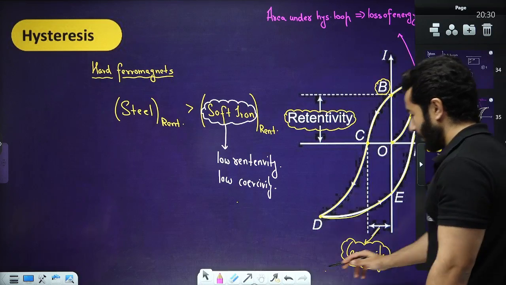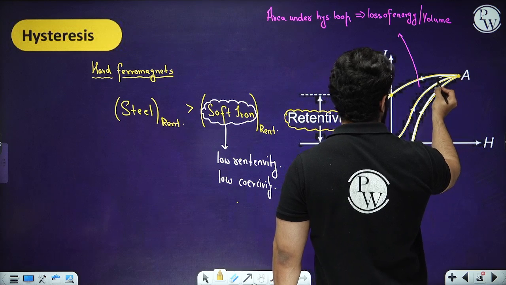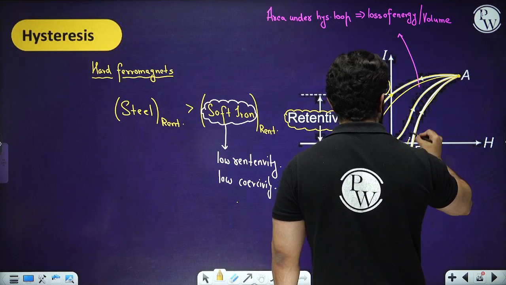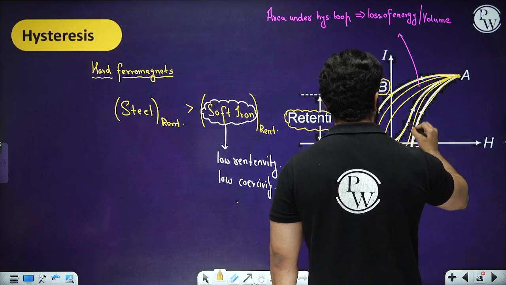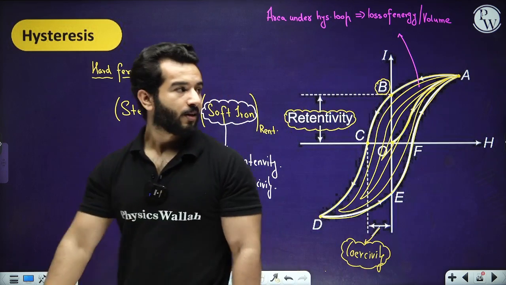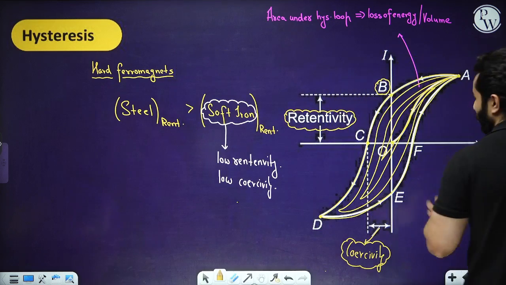I mean, if you want me to draw, it will look something like this. Again at this point, it will be something like this. It will keep on shrinking, and then finally it will become demagnetized. So this is known as demagnetization.